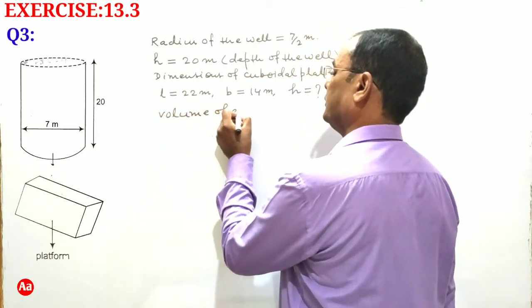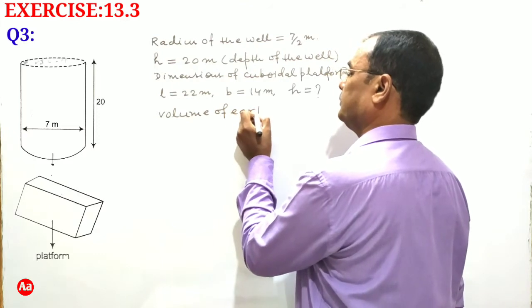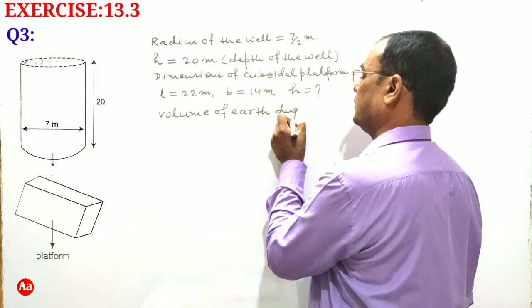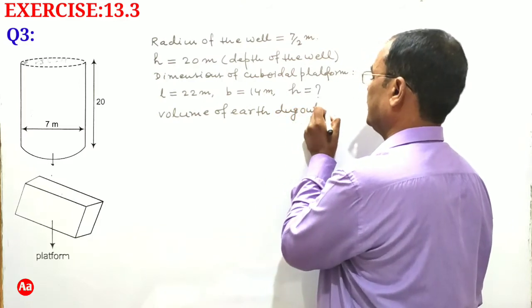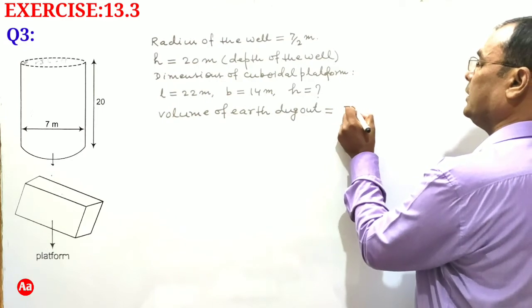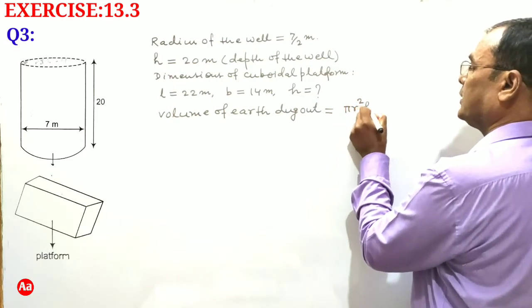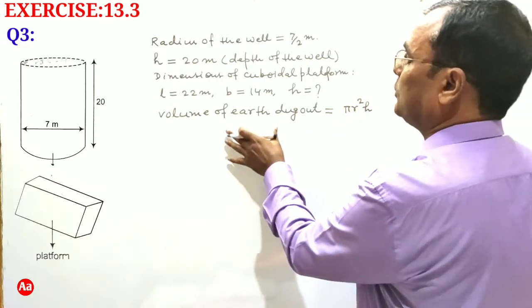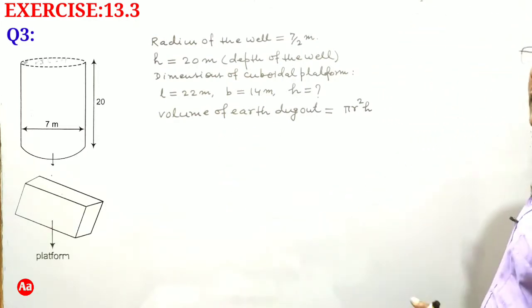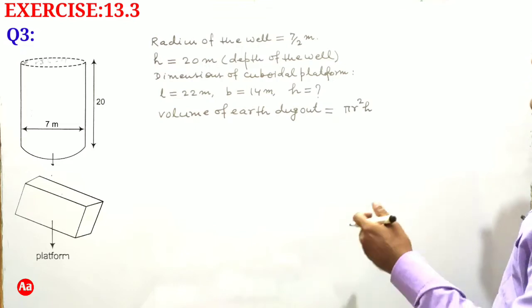Volume of earth dug out is equal to pi r square h we are applying, because the earth which is dug out, it is dug out from the well, and that well is in the shape of cylinder.